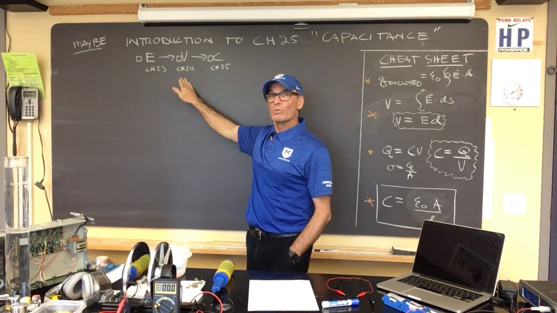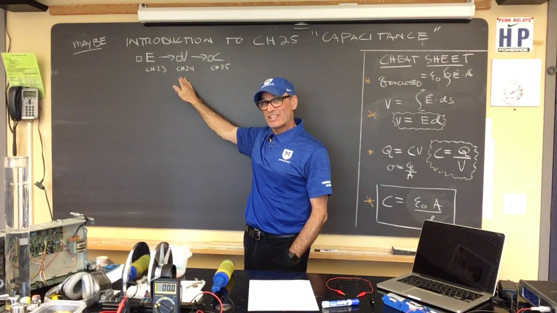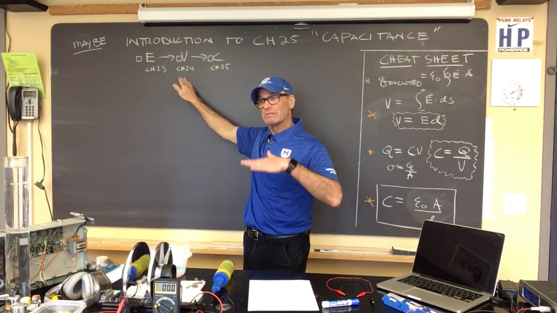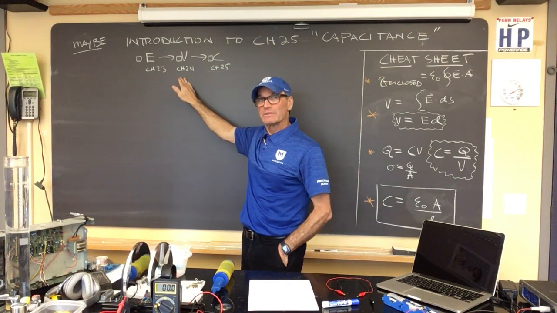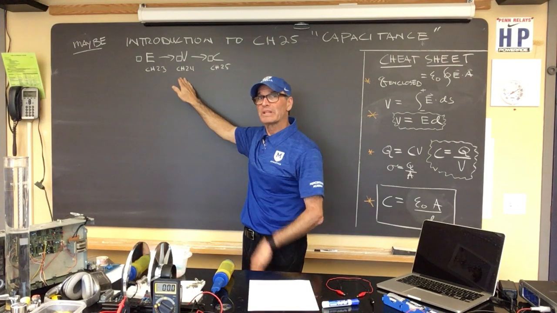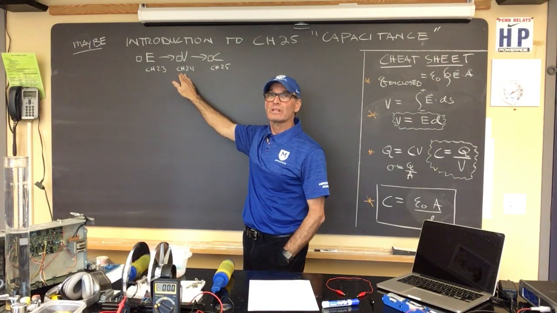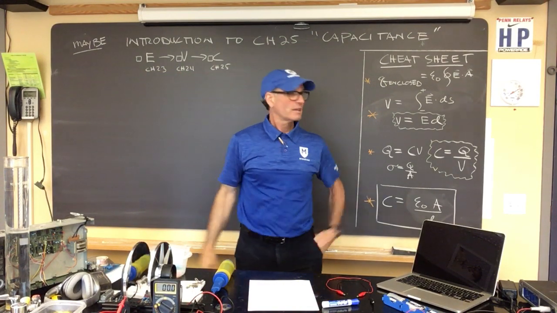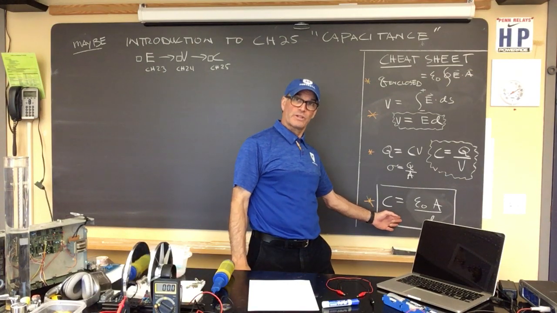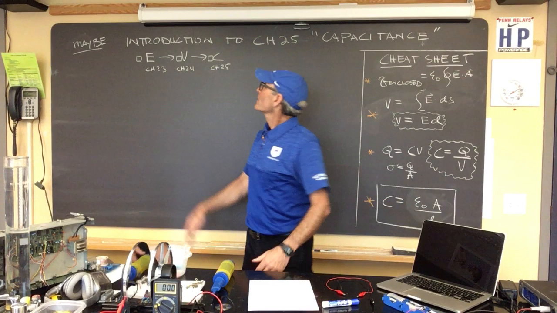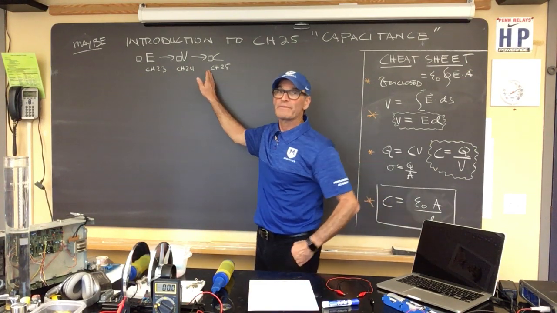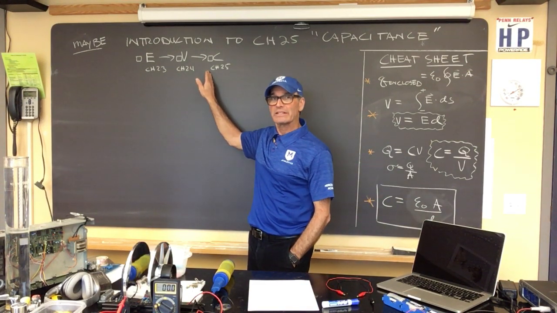Then we're going to determine the potential as we move through the distance, the gap, that spacing between the lower and upper plate. That has something to do with arriving at the equation for the capacitor. I hope you can see that. This is my cheat sheet. And then here we are in chapter 25, capacitance.